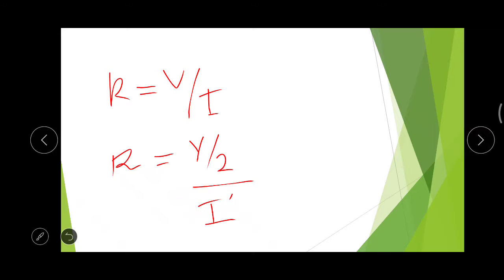So I dash value will be equal to, implies I dash is equal to V by 2 divided by R, isn't it?